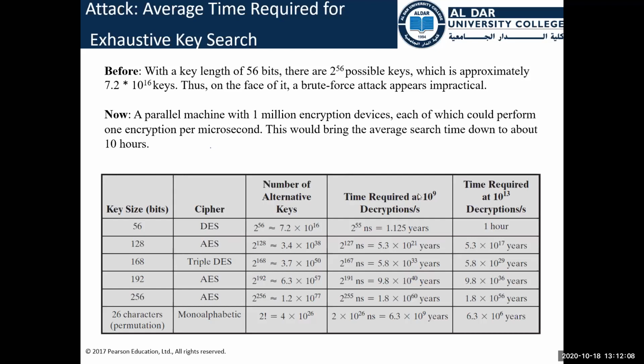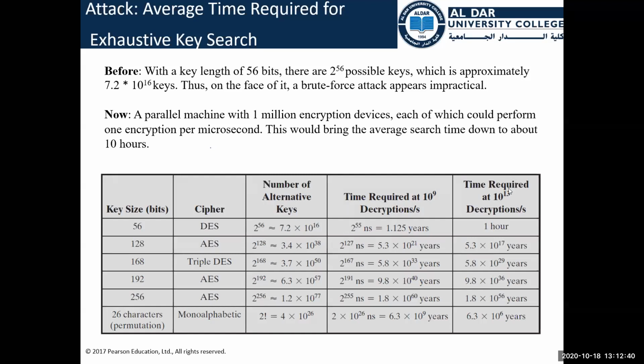The time required, if we have a speed of 10 to the power 9 decryption per second, this will take 1.1 years. It's about 1 year just to decrypt this key, to break the cipher of this algorithm, or to break the cipher simply.